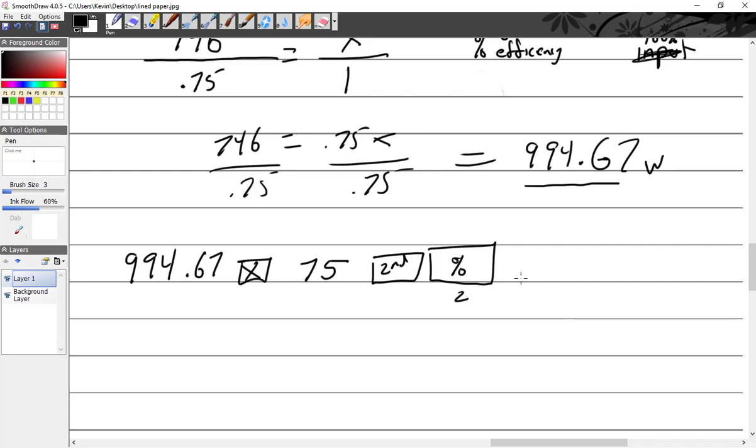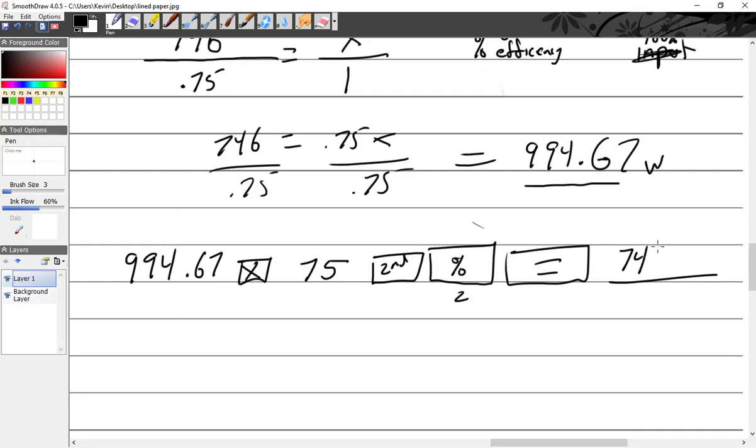It'll convert it to a decimal right there in front of you. Equals.